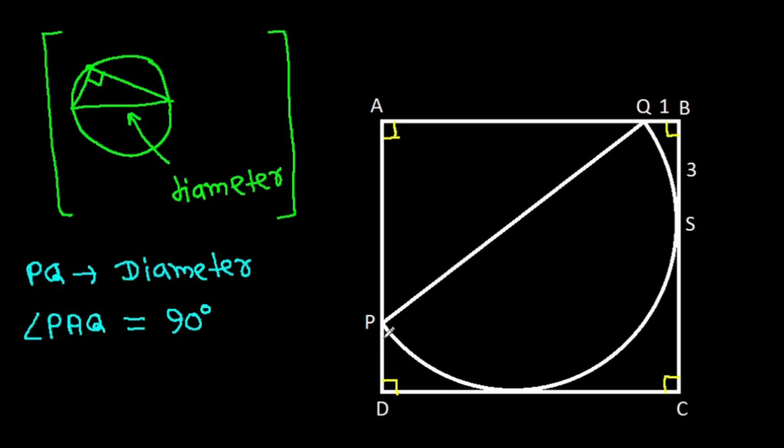So if we complete the circle, then it will pass through point A.